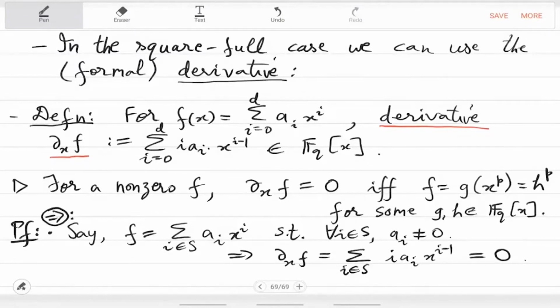This a_i was non-zero in F_q, but i times a_i is 0 in F_q, which means that i is 0, but i is a number, so p divides i. So you get that every i is divisible by p. Is that clear? So hence f automatically defines a g such that f is g of x to the p.